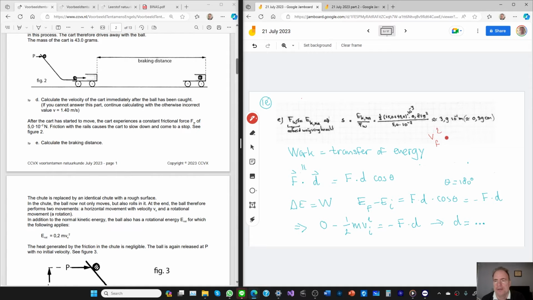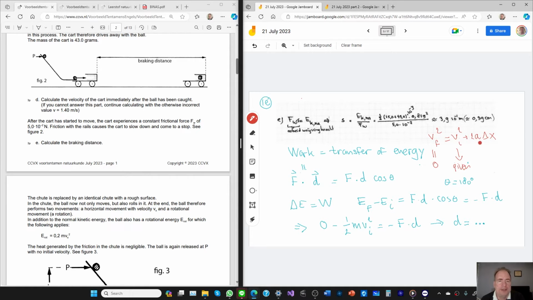That's V final squared is V initial squared plus 2 times a times the total displacement. This is actually from eliminating the time from the two other kinematic equations. Now, this is 0 since the cart came to a standstill. This is given.